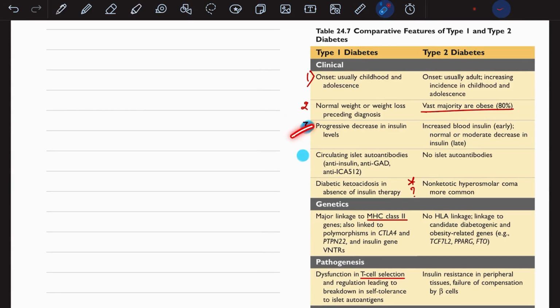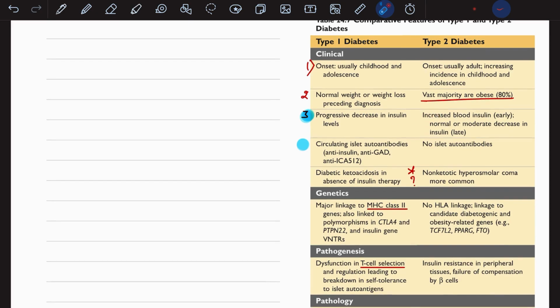In type 1 diabetes there will be progressive depletion of insulin level, and we already talked about the stages involved. Whereas in type 2, blood insulin will be normal, or due to compensation can even increase, but obviously insulin resistance is there.